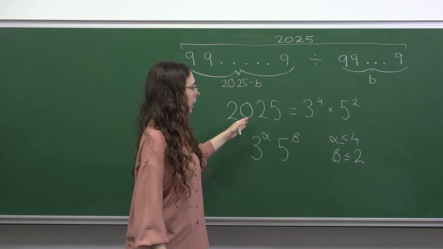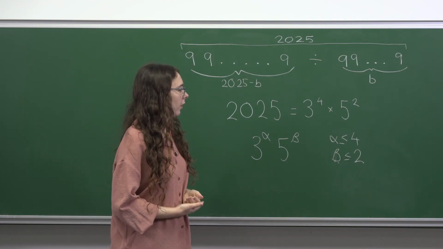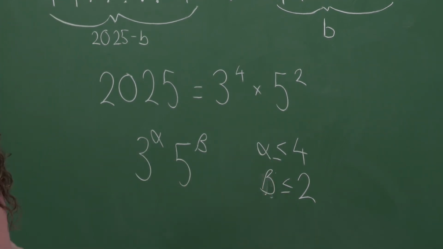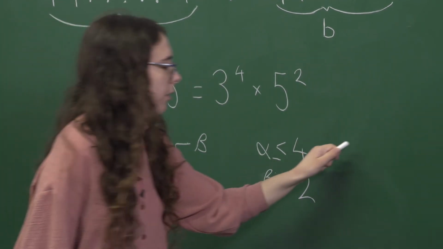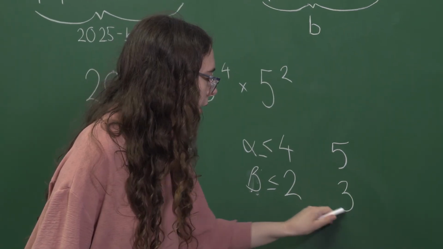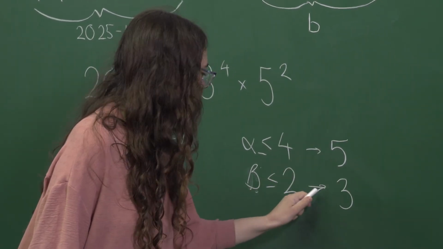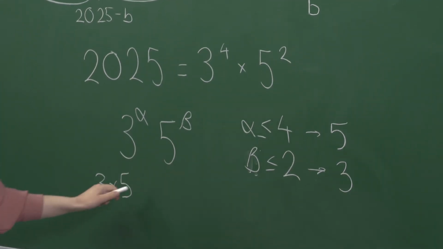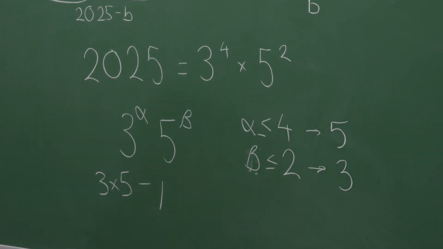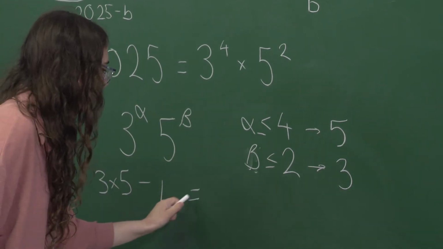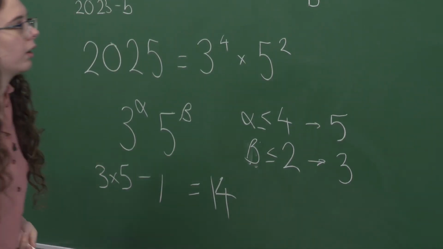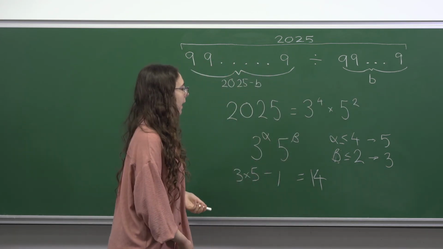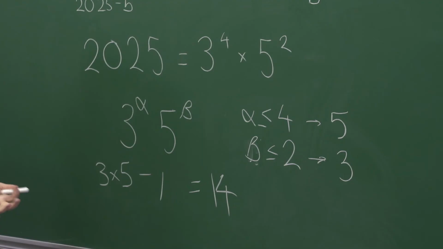But remember that we can't have 2025 itself, and so we can't have the choice where alpha equals 4 and beta equals 2. So there's 5 choices here and 3 choices here. So in total, there's 3 times 5 choices minus 1 for the 2025. In other words, we have 14 choices for what b is, and hence 14 choices for the result of the calculation.